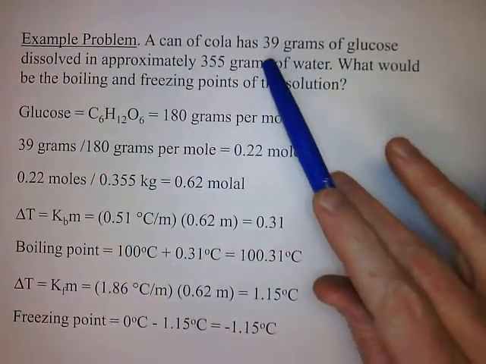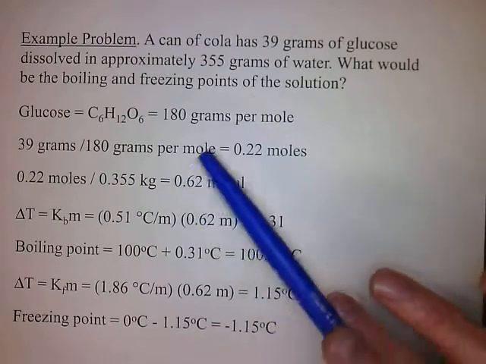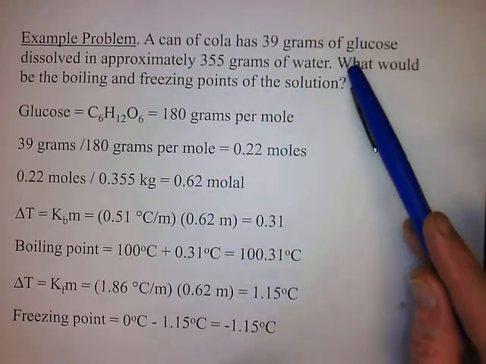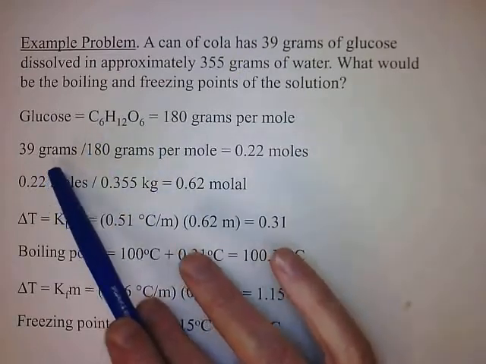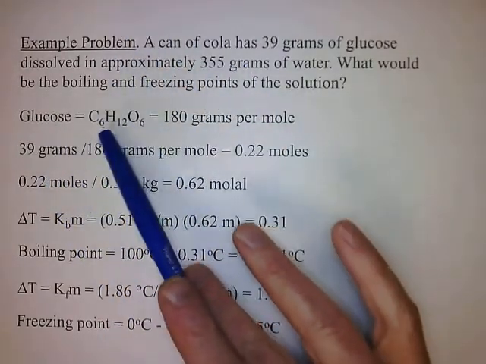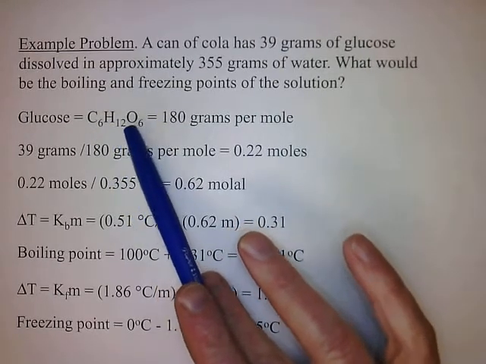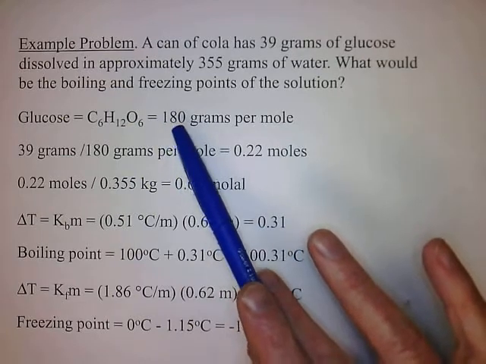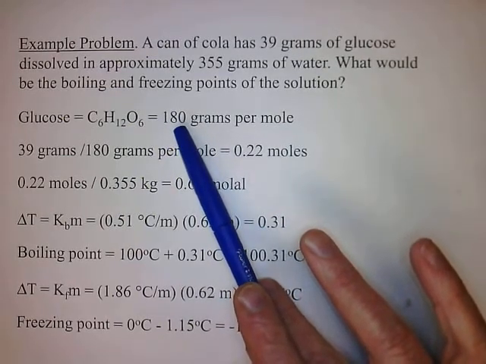First of all, we have to take that 39 grams of glucose and convert it into number of moles. If you look up glucose, it's C6H12O6. That's 72 plus 12 plus 96 works out to be 180 grams per mole.